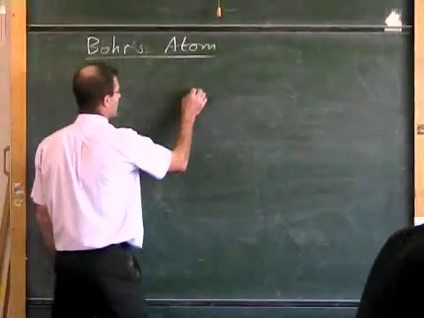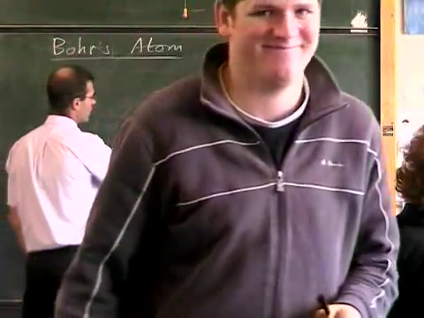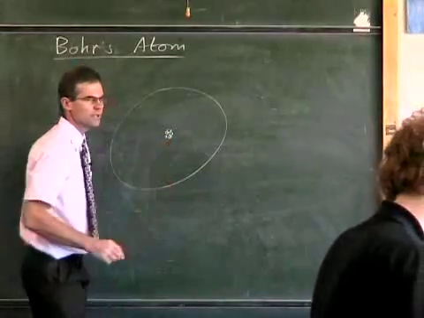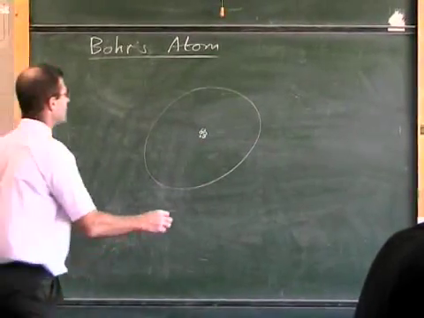So you've got these orbits around a positive nucleus, but the only allowed orbits are those that have a particular angular momentum.